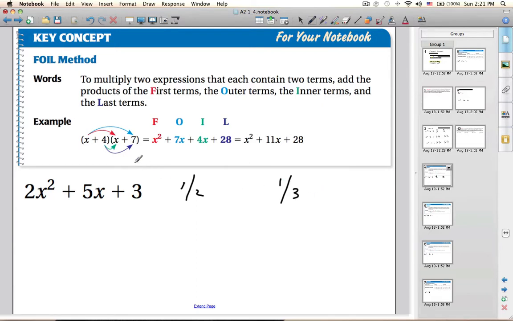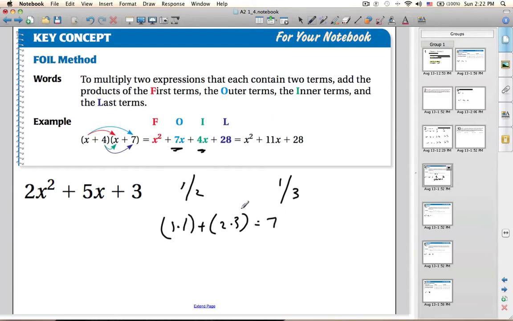So when you start thinking about what could be my outsides and my insides, I could have 1 times 1, which would be 1, and I could have 2 times 3. I could have 1 times 1 plus 2 times 3, right? So this times that and this times that. That would be 1 plus 6.